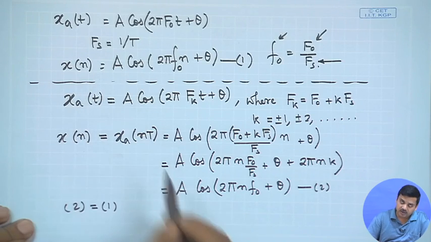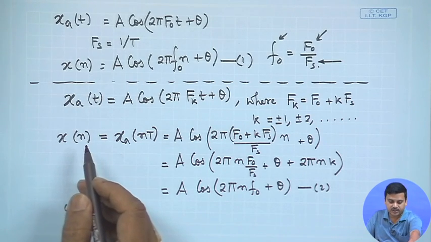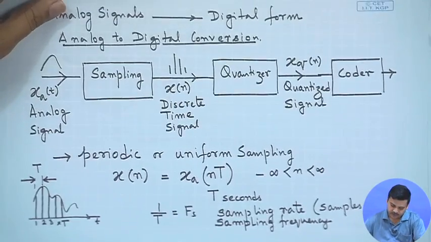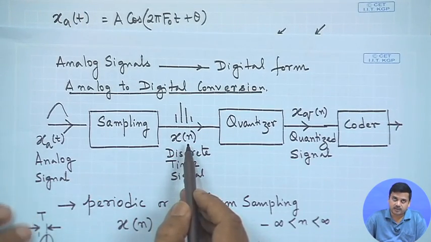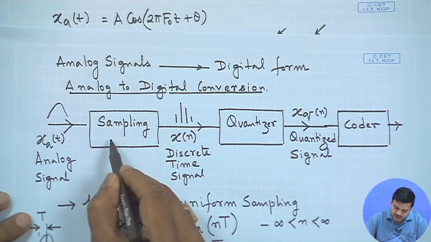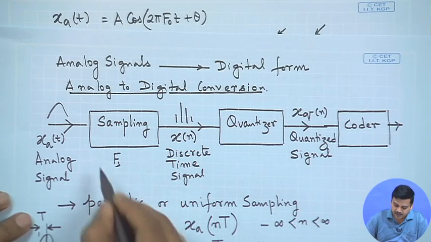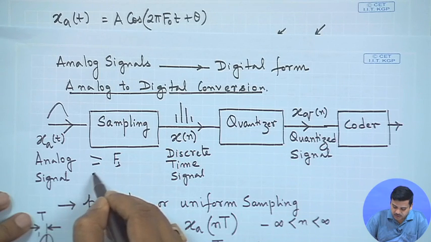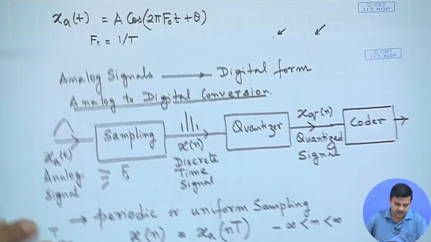That means, you cannot distinguish between the sequences that we generate at this point. If we recall this particular picture, we have x a of t here and we have x n over here. So, all we have established is, if I have fixed a sampling frequency, let us say F s, then there could be a multitude of different analog signals which could become the same discrete signal.